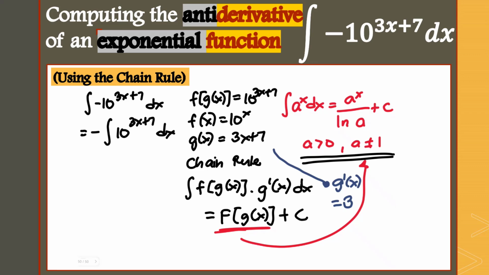That's the item we need to introduce here before we can use the chain rule that would use one of the rules for anti-differentiation of our exponential functions. So going here, you have negative 10, 3x plus 7. We are going to have here 3 before your dx so that it would satisfy the chain rule.